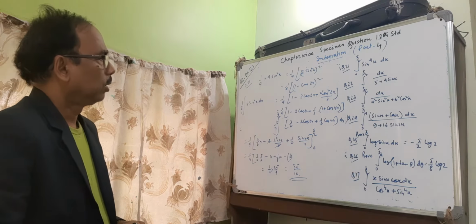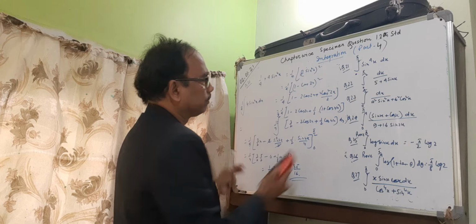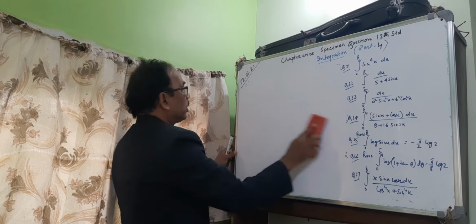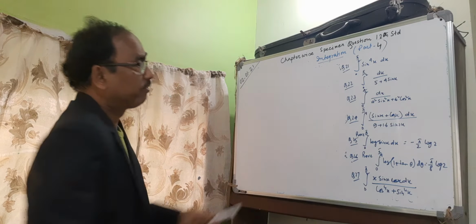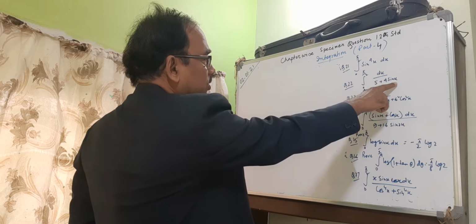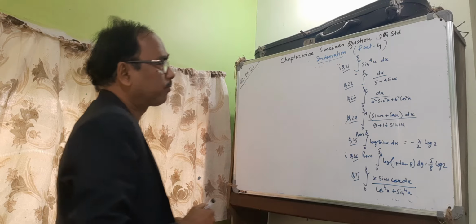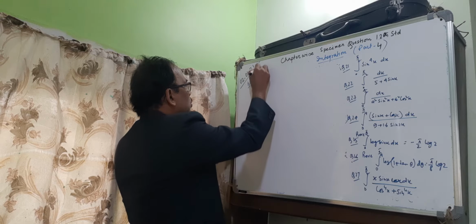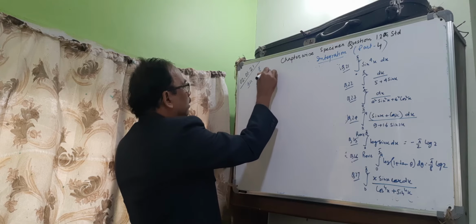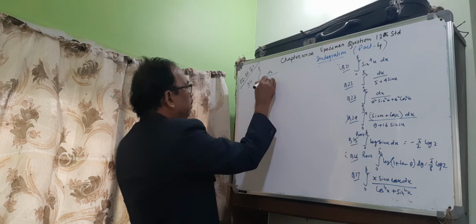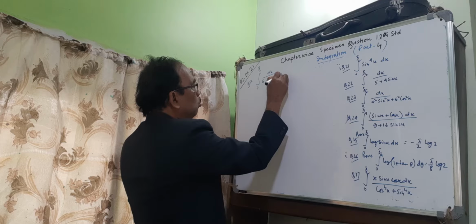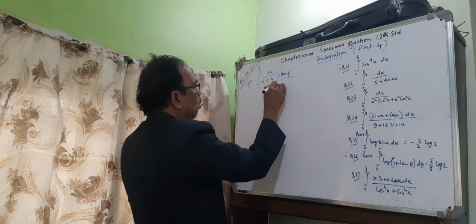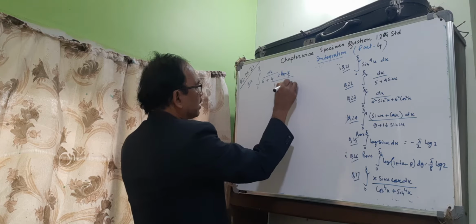Next, sum number 22. Question number 22: here 5 plus 4 sine x. We have to convert sine x to a submultiple angle of tan. Integration from 0 to pi by 2 of dx over 5 plus 4 into 2 tan x by 2 by 1 plus tan square x by 2.